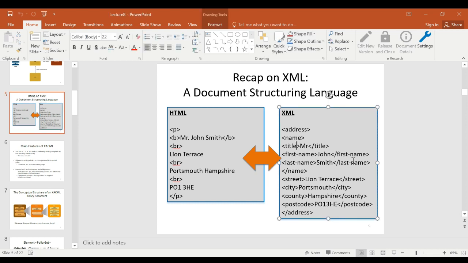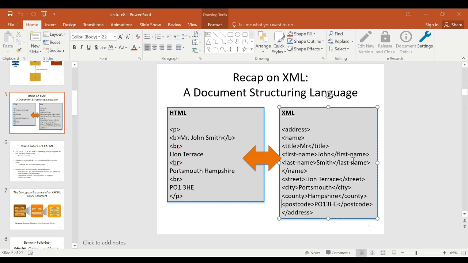So for example, the title of a person, Mr. or Mrs., you can mark it up as a title. Okay, so you add the title tag. The first name, you can mark it up with a first name tag.